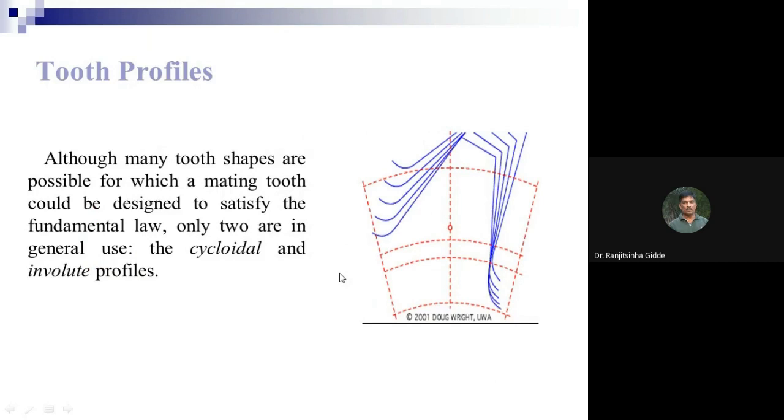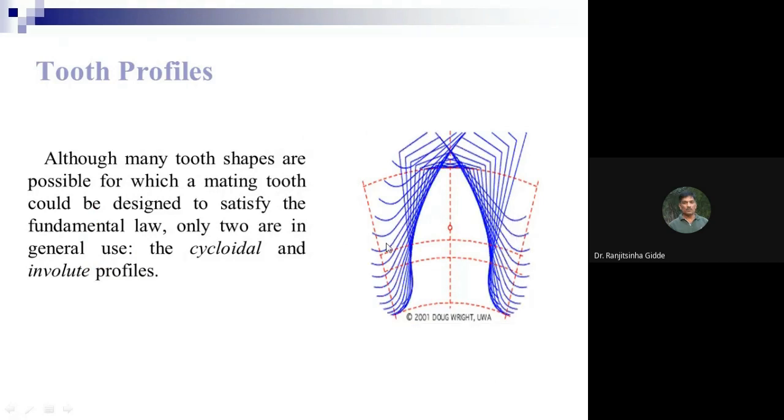We have one experiment related to this generation of involute tooth profile. So just I will make one boundary so that you will understand. This is the involute profile, right?